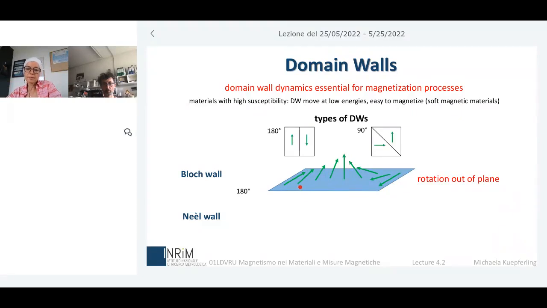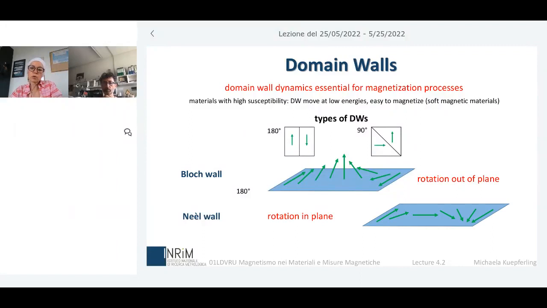Then you can move the single spins in your wall in two different ways. So now we are speaking only about the picture of the wall inside and how the magnetization changes. We are changing from the magnetization pointing up to the magnetization pointing down, and we do this by rotating out of the film plane. And this is a so-called Bloch wall.